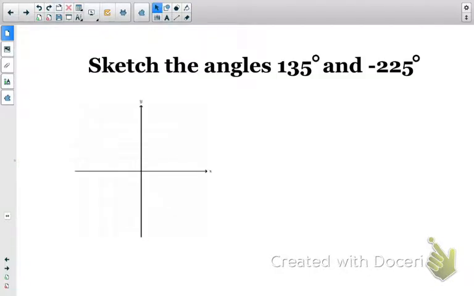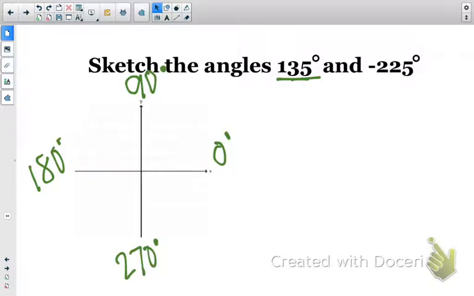Okay, let's look at this. We're going to sketch two angles: 135 and negative 225. Let's start with 135. Let's always start by labeling our endpoints. This is 0 degrees, this is 90, this is 180, 270, then we come back around. This is also 360 degrees.